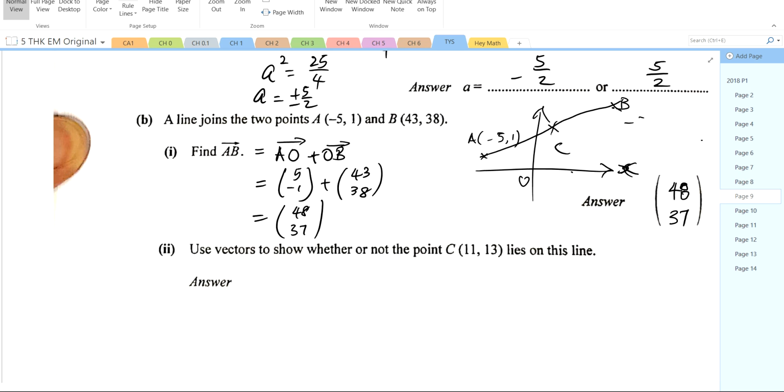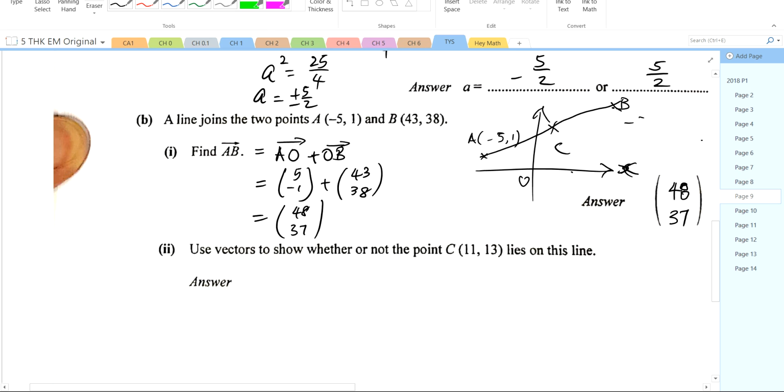Which 2 vectors should I compare in order to determine whether A, B, C lie on the same line? Chloe? A and B are points. I want vectors. Which 2 vectors? You want to compare OA as well as... No answer.